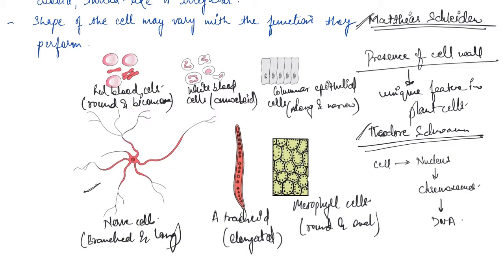So how do they shape themselves? How does the body of any organism decide the shape of its cell? It's basically dependent on the type of function they are performing. So the shape of cells usually correlates with the function that they perform, right?